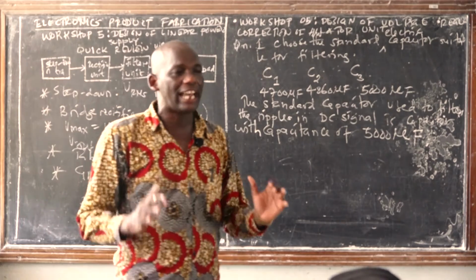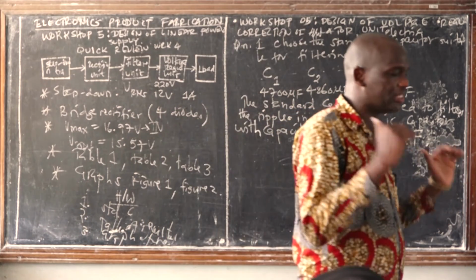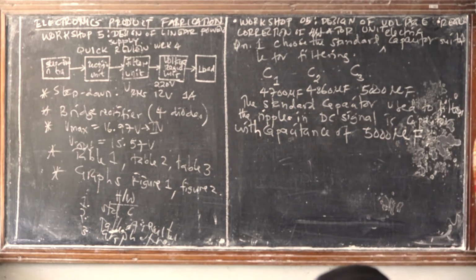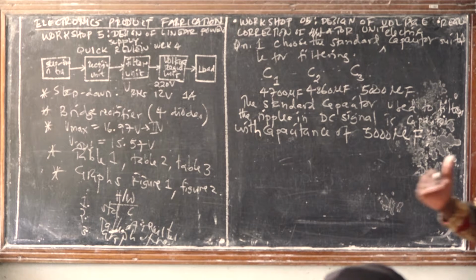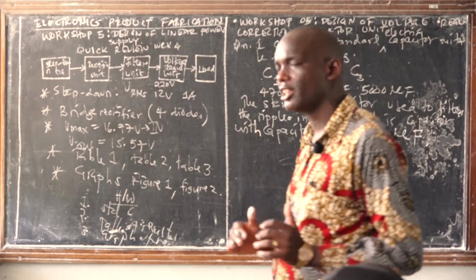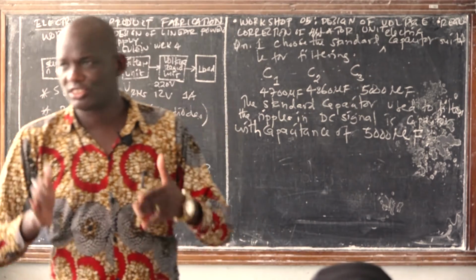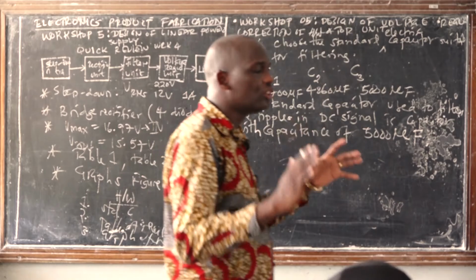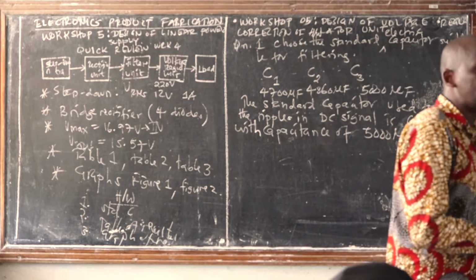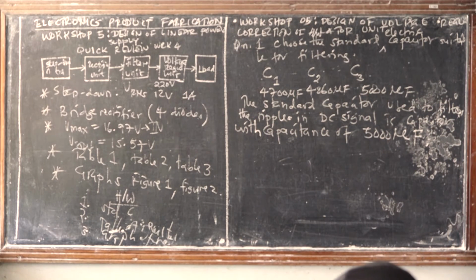It doesn't mean that, because capacitors, resistors or inductors are made according to standard values, you are limited to using those standard values. You might do your designs and calculations and end up with a capacitance, resistance or inductance which is not standard.